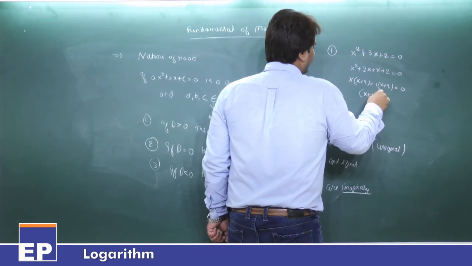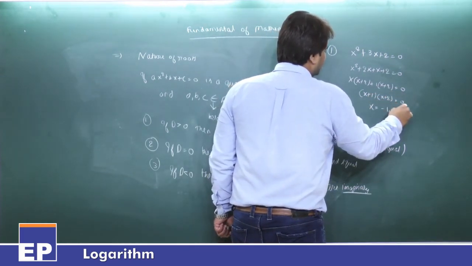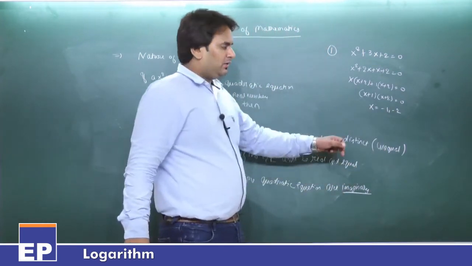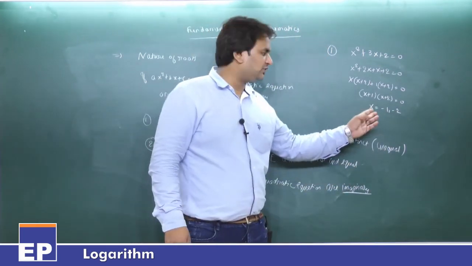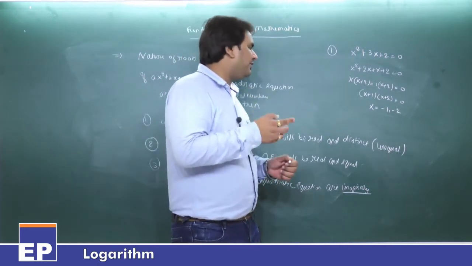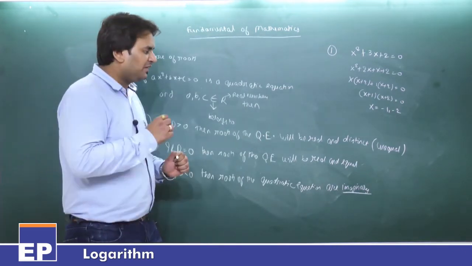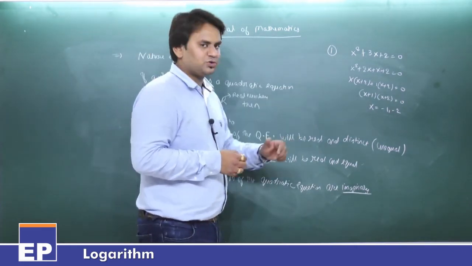The factors will be x plus 1 into x plus 2 equal to 0, so x is equal to minus 1, minus 2. The value of x is coming out to be minus 1 and minus 2, which are real numbers. So we have justified this: if d is greater than 0, then roots of the quadratic equation will be real and distinct, and they are coming out to be.